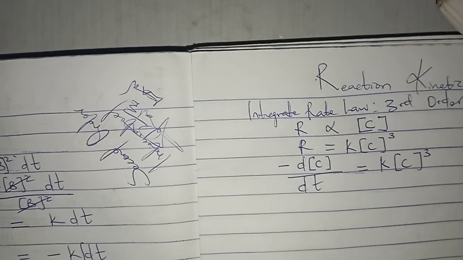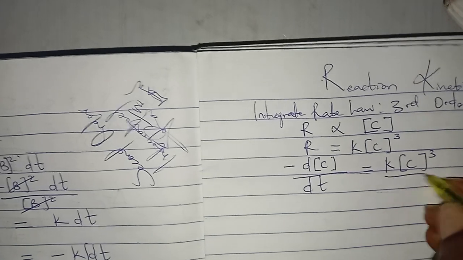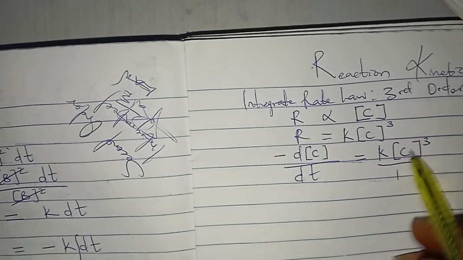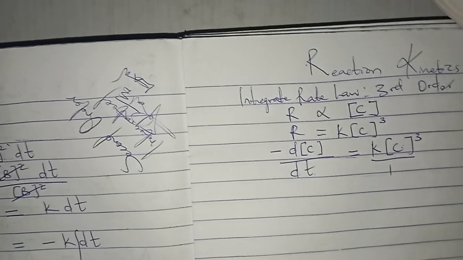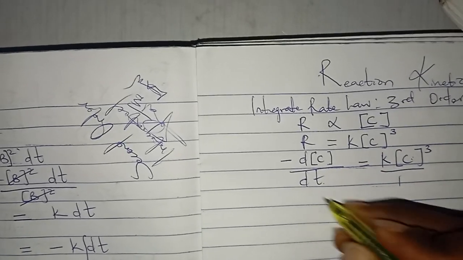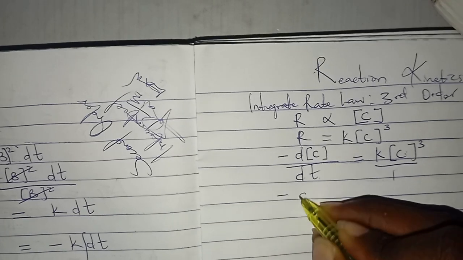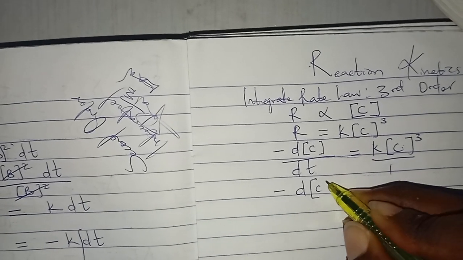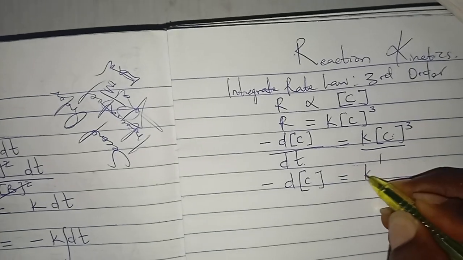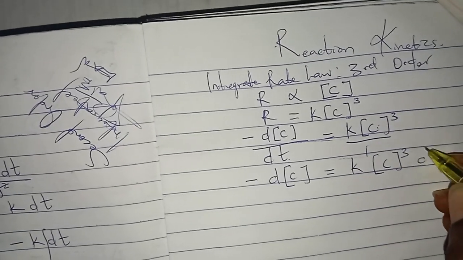So if I know this, I will need to make this in such a way that I'm trying to make concentration the subject of the formula. So if you do this, it will simply become minus dC, or should I say change in concentration, is equal to constant K times C raised to power 3 times dt.